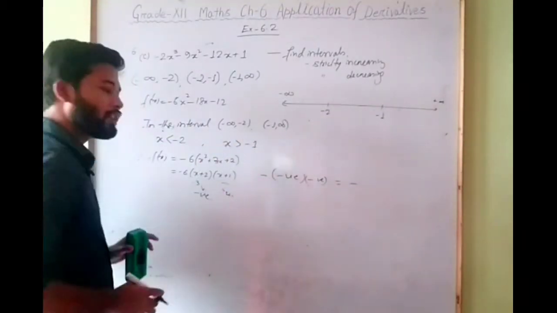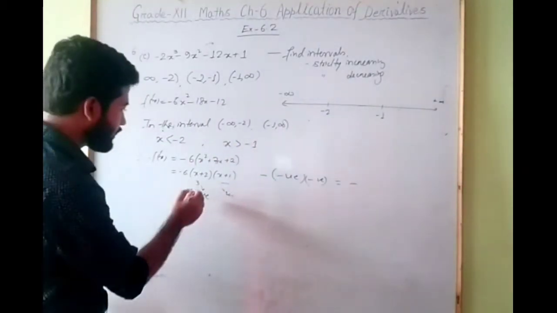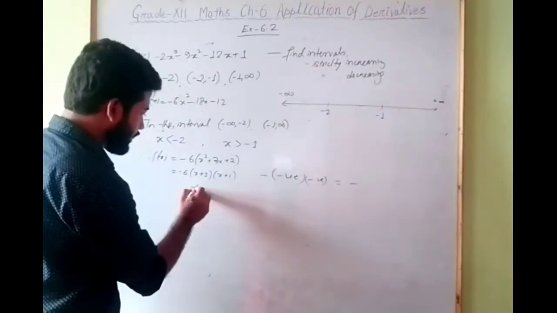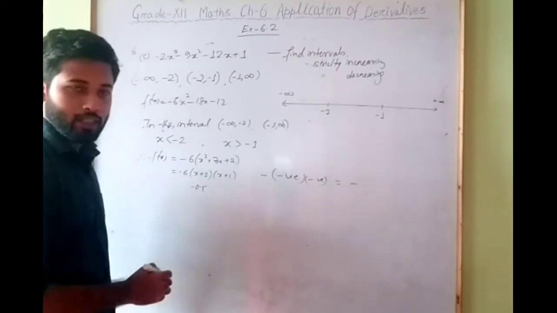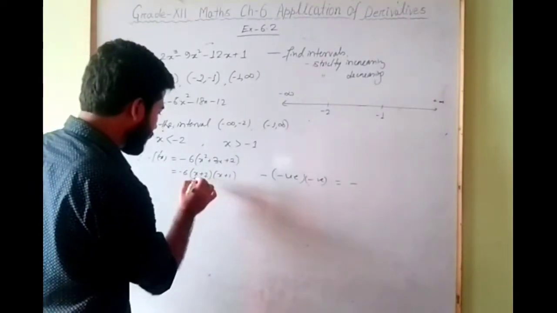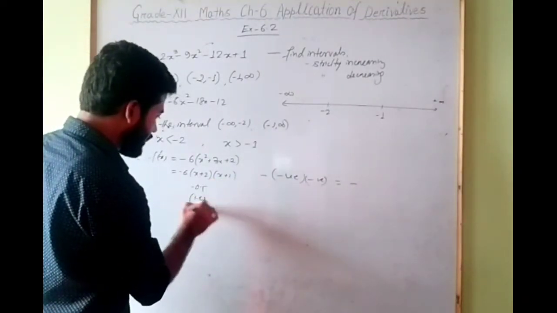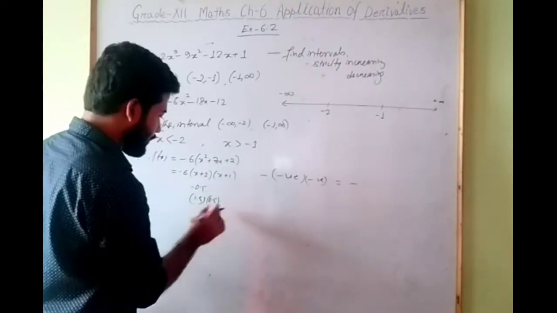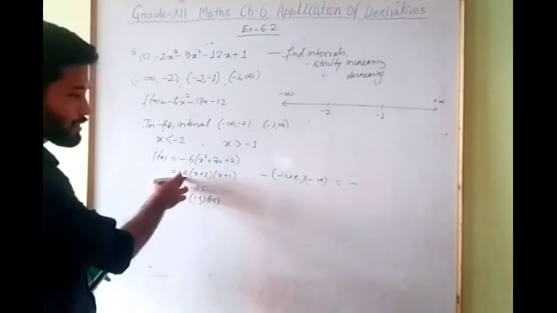Again, for x greater than -1, it will be at least, say, -0.5. If it is -0.5, then 2 - 0.5 will be 1.5, and 1 - 0.5 will be 0.5. So both are positive, and here it is negative.